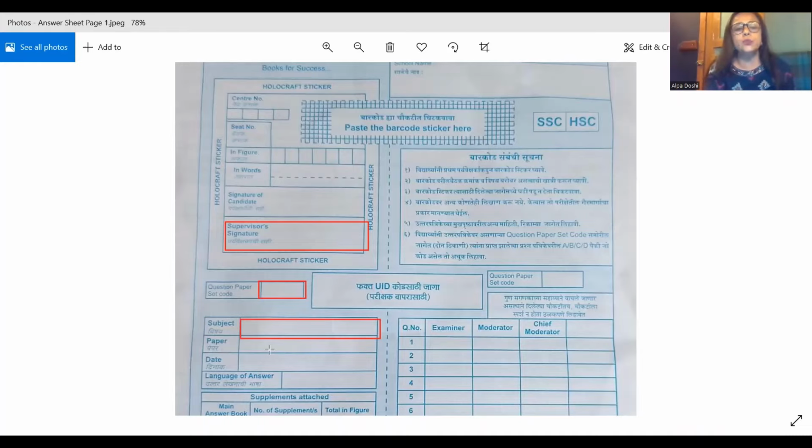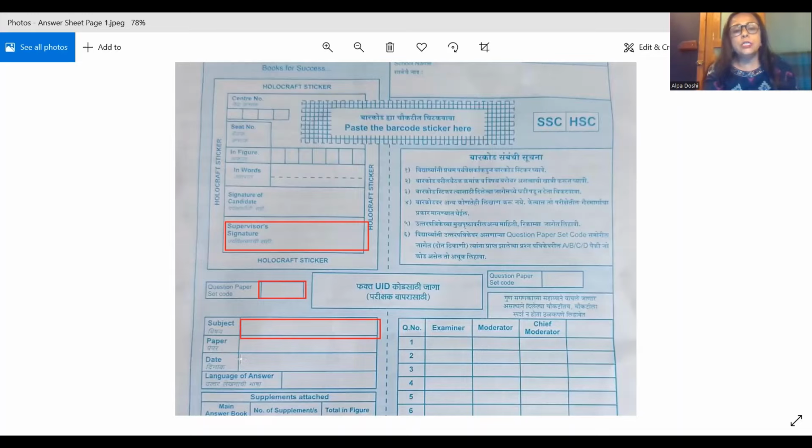So here mostly you will have it blank. But just in case you have paper 1, paper 2, please make a note there. I suppose even in maths, you still have paper 1, paper 2. Very important to fill up this in maths, because in maths, you have to submit paper 1 and paper 2 separately, and the exams are held at the same time. So please make sure that you mention the correct paper number there.